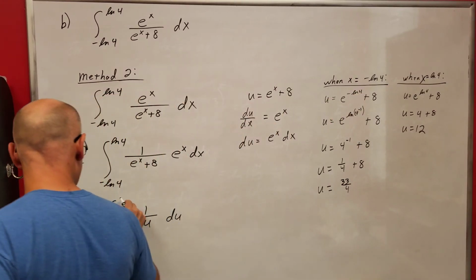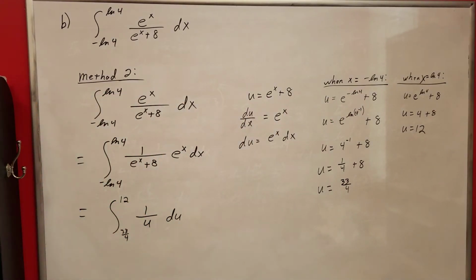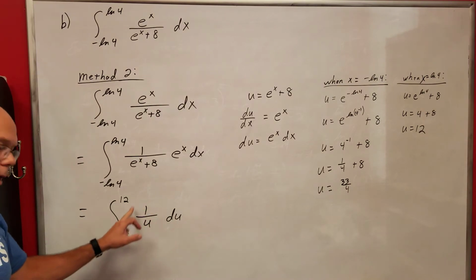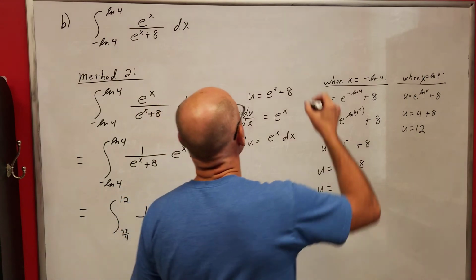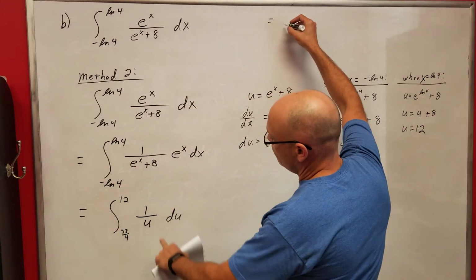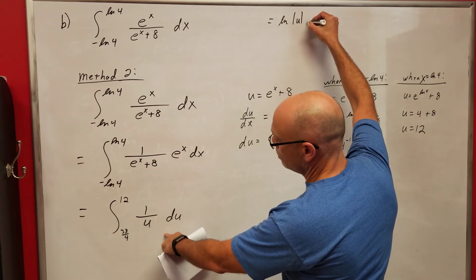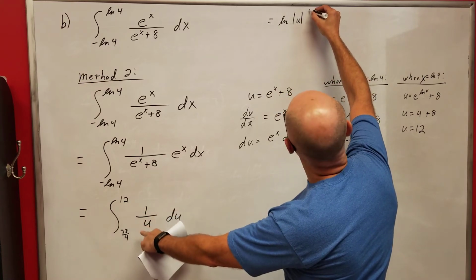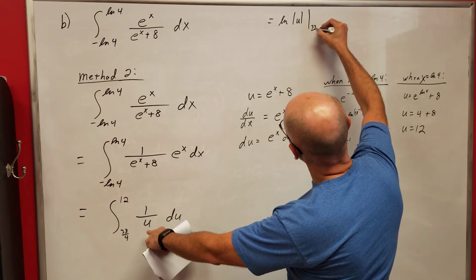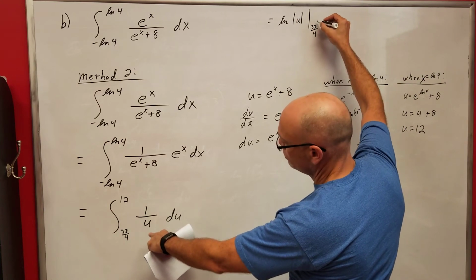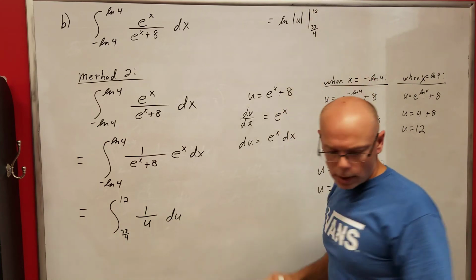So my new upper limit of integration is 12. All right, let's go ahead and take this integral here. So what do I have? The natural log of the absolute value of u, and where do I want to run it from? 33 over 4 to 12.